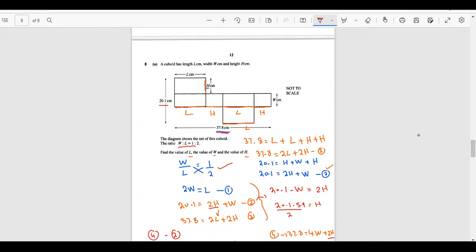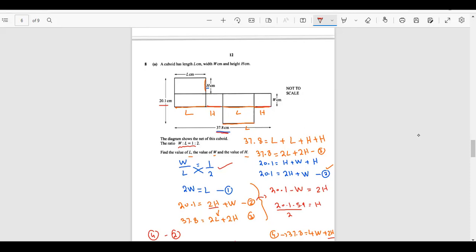You should have these imaginative skills, so if you have a net of any diagram, any 3D figure, you can imagine how to put things together to make the shape again. Okay, and that is how I knew that this would be H and this would also be H. All right.